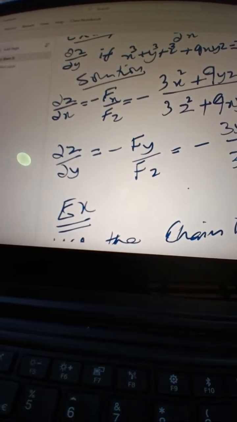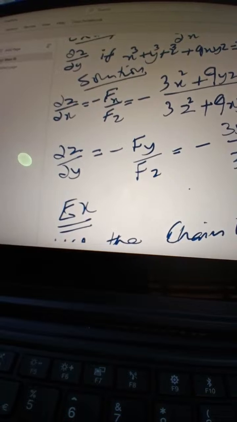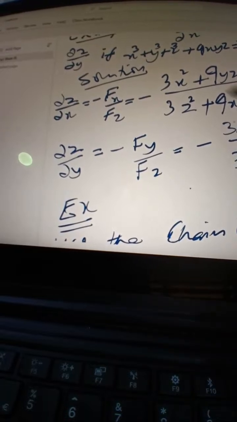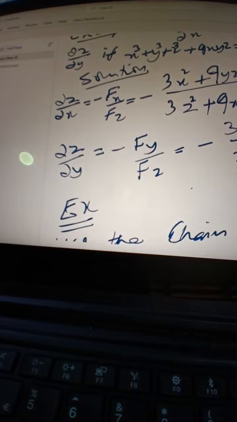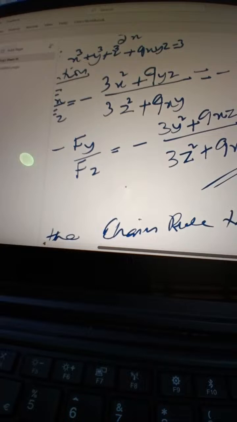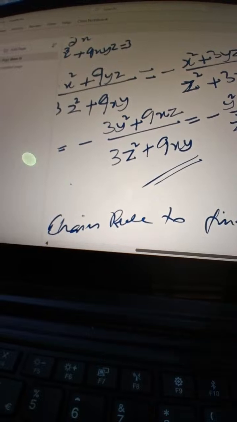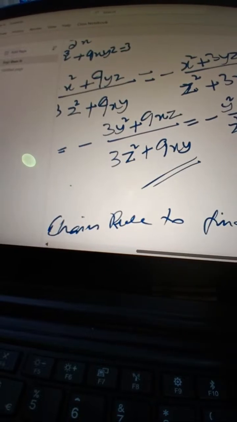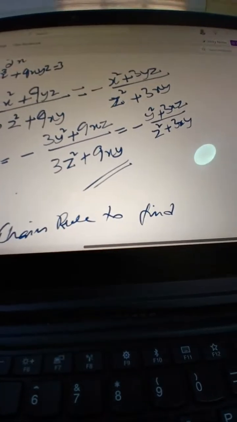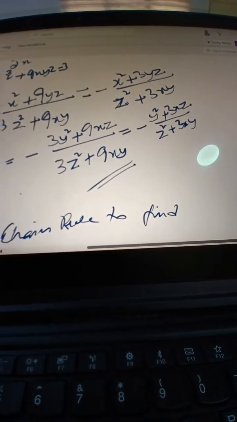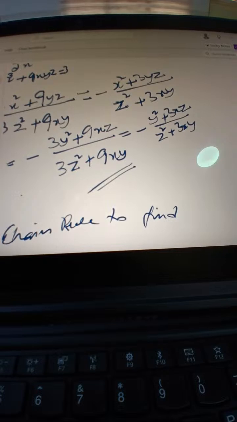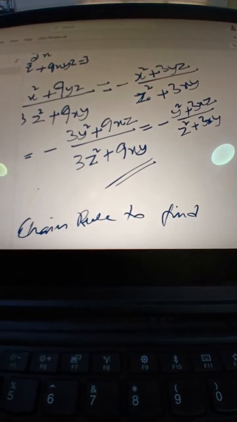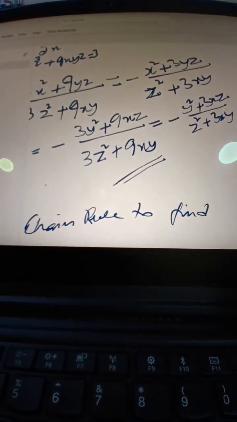Then for the denominator, because we are concentrating on the z, we get 3z squared plus over here 9xy. In the same vein as the previous one, we divide through by 3. So we get negative y squared plus 3xz, all over z squared plus 3xy. Okay, so that does it for this aspect.